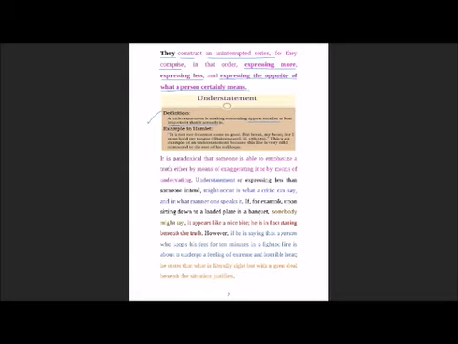So it is paradoxical that someone is able to emphasize a truth, to show reality, to express it clearly, either by means of exaggerating it, or by means of understating, expressing less than it should be.